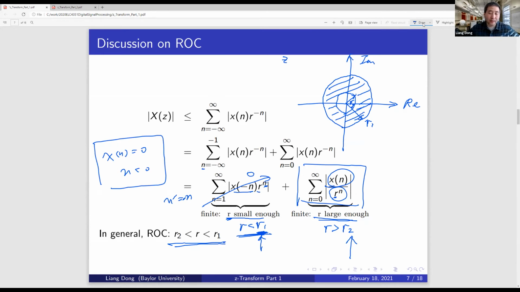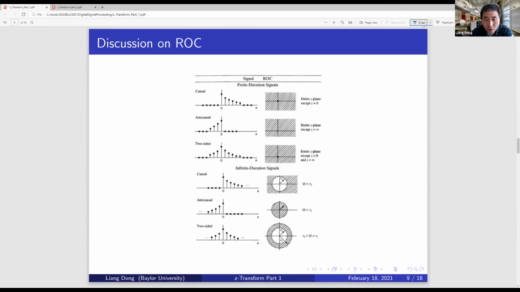So every point within is satisfying. If it's causal, I have no outer bound; the outer bound is infinite. And I also have, let me not forget that, a finite duration signal. So this is the signal, this is x. I only have those numbers.